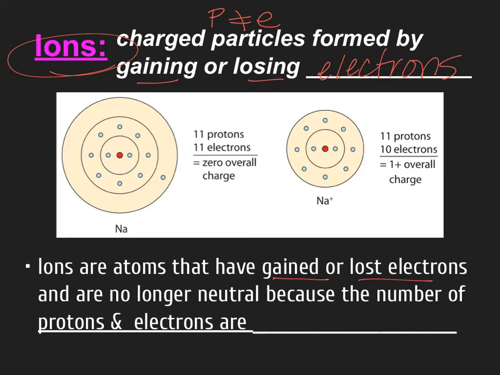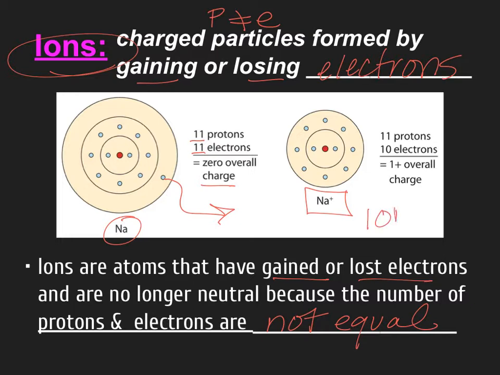So when they gain or lose, like we said, the number of electrons are not equal. So here we can see sodium normally should have a charge of 0 with 11 protons and 11 electrons. However, it wants to get rid of that 1, and as an imbalance occurs, we end up with a positively charged ion.